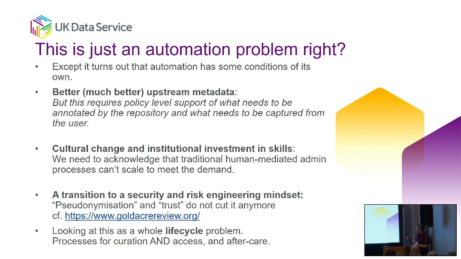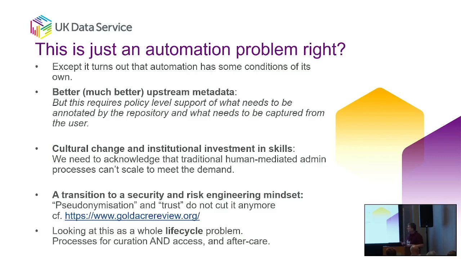And on a similar theme, really, a transition to a security and risk engineering mindset. There's a lot of conversation in the UK at the moment about whether we should just throw everything into a trusted research environment, i.e. quite seriously, no one will be able to download data anymore. Now, your first instinct is to go, that's absolutely mad, but not necessarily. We need to articulate why it's important for researchers to be able to download data.